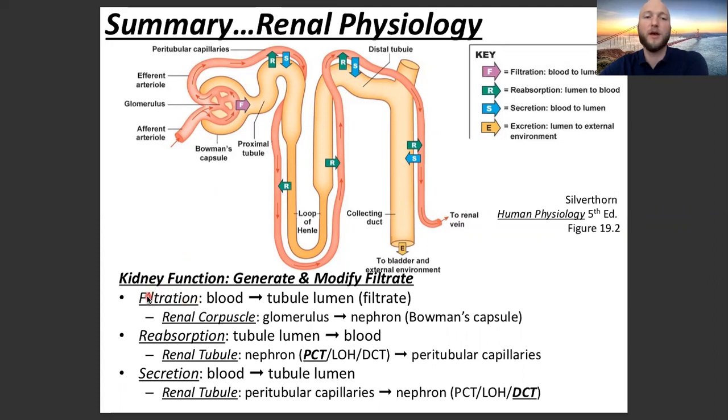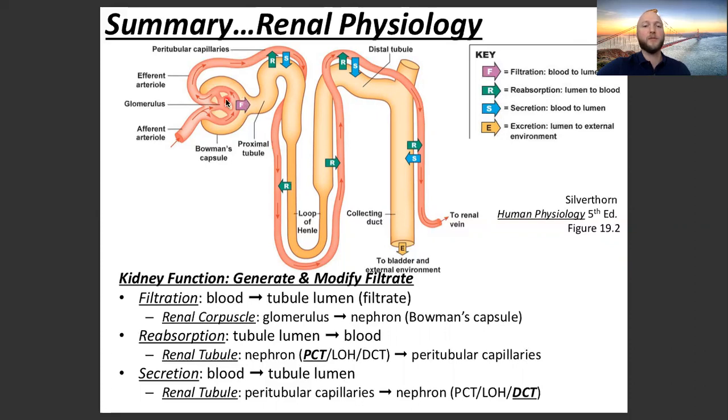So, filtration. When we talk about the kidneys and we say filtration, we're going to talk about fluid leaving the glomerulus and entering Bowman's capsule. So filtration is blood to the tubule lumen. Remember, lumen is like the inside of a chamber in the inside of a tube.